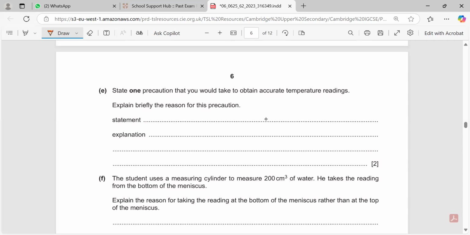Many times I told you, view the scale of the thermometer at 90 degree. Why? To avoid parallax error. That simply can be the answer, so that temperature readings are as accurate as possible.